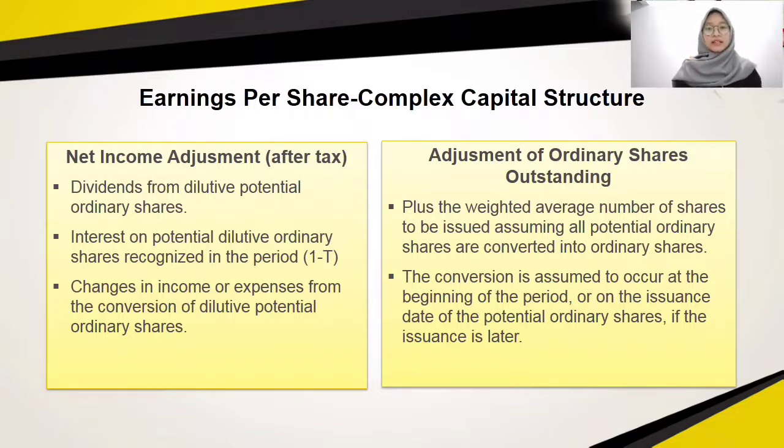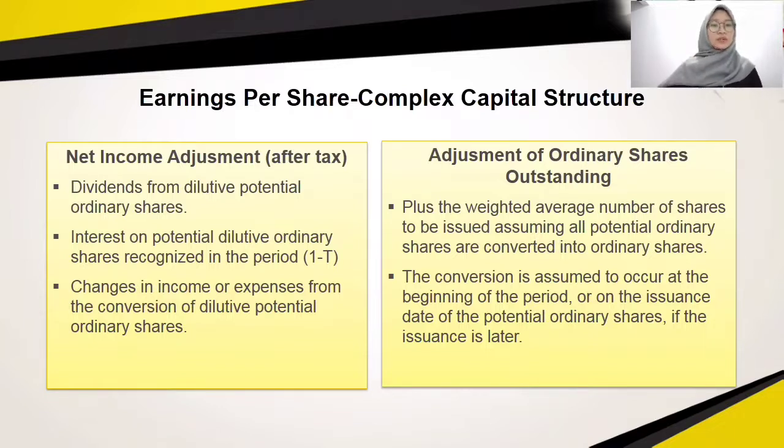In the net income adjustment after tax, the first is dividends from dilutive potential ordinary shares, and then interest on potential dilutive ordinary shares recognized in the period, and the last is changes in income or expenses from the conversion of dilutive potential ordinary shares.